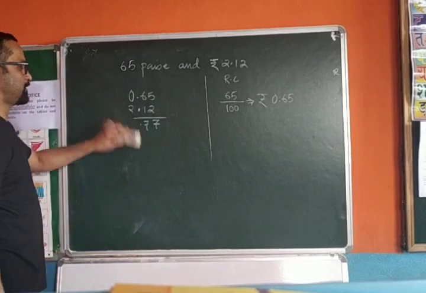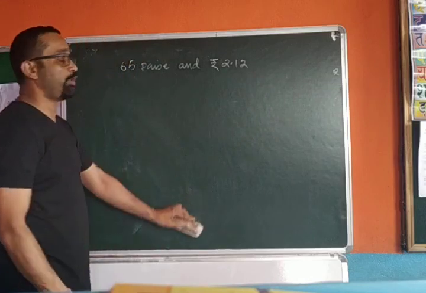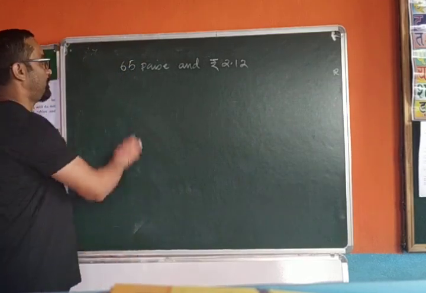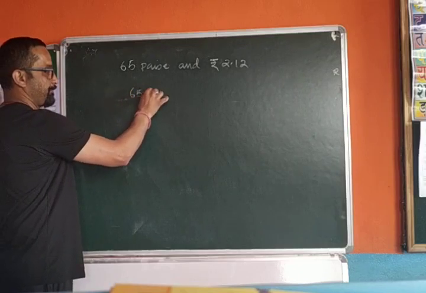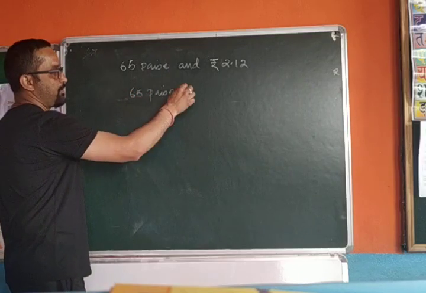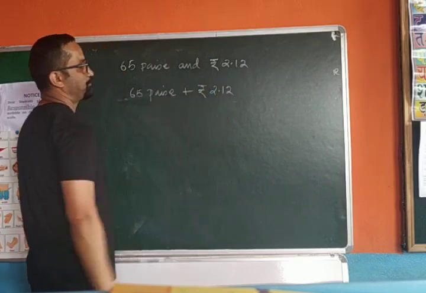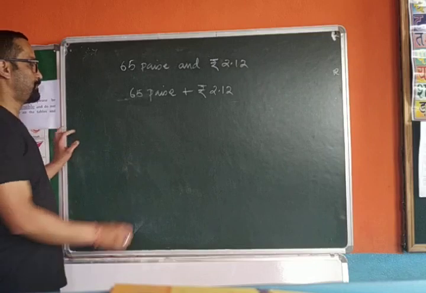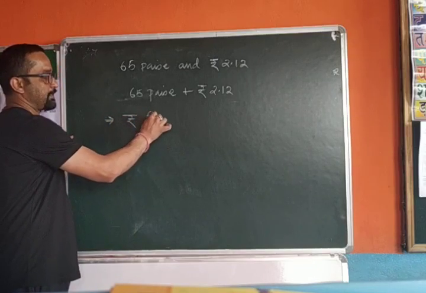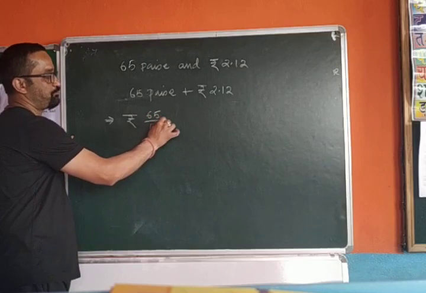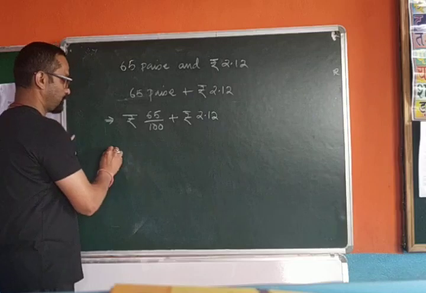Or you could do it like this. If you get mixed up, then you can always do it this way. 65 paise plus rupees 2.12. You cannot add it up. So what do we do? We change this to rupees 65 divided by 100 plus rupees 2.12.